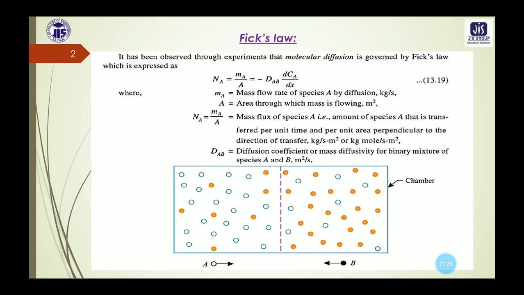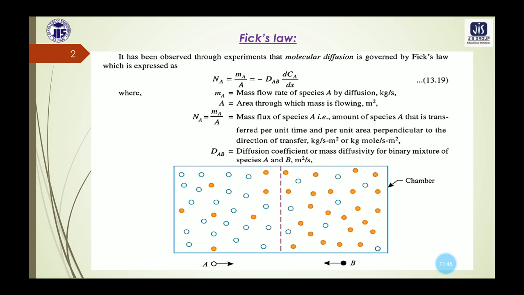So this is an example we have taken here. Inside a chamber we have considered one partition, and in the left and right compartments we have considered two different species, each having its higher concentration in its own compartment.